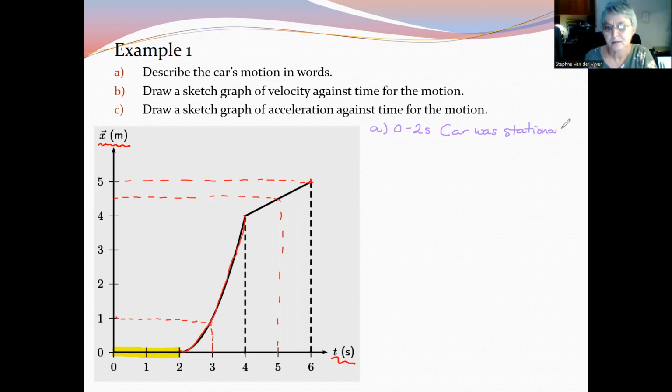Then from 2 to 4 seconds, there was a uniform acceleration. And from 4 to 6 seconds, the car was moving at a constant velocity, so uniform velocity.